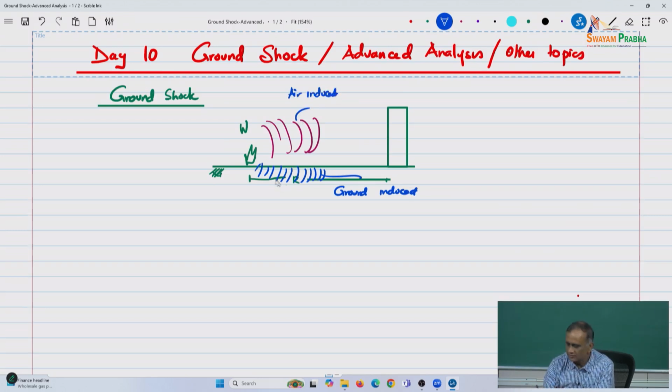Now clearly the medium is very different. There are two of them, basically air and ground, so the transfer mechanism, this energy transfer, is also different.